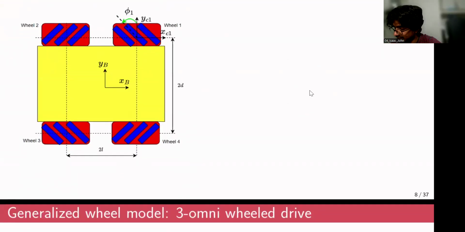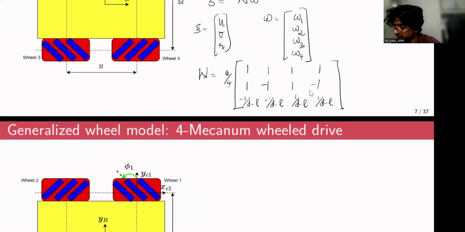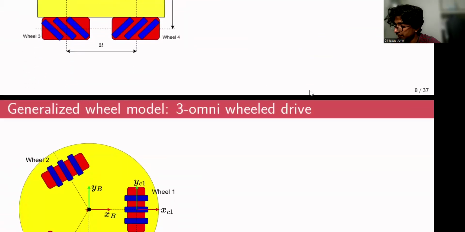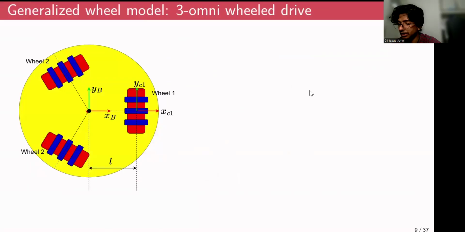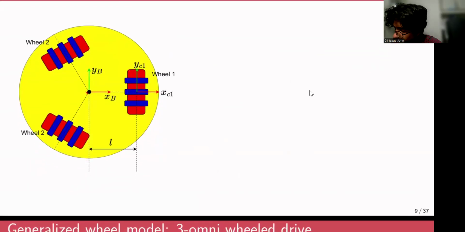One more case that I would like to bring to your attention. We have seen this before. Another case is this omni-wheel drive. So here we have three wheels like so, and the three wheels have passive rollers on the periphery of these three wheels.